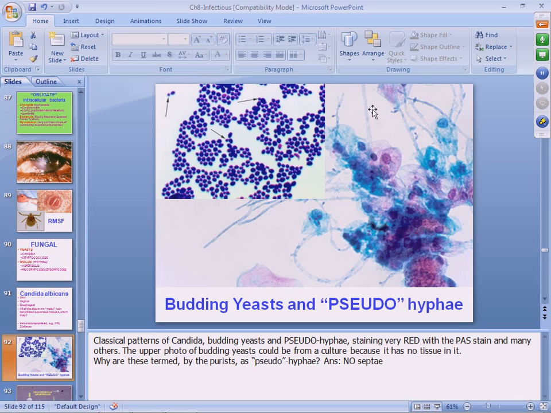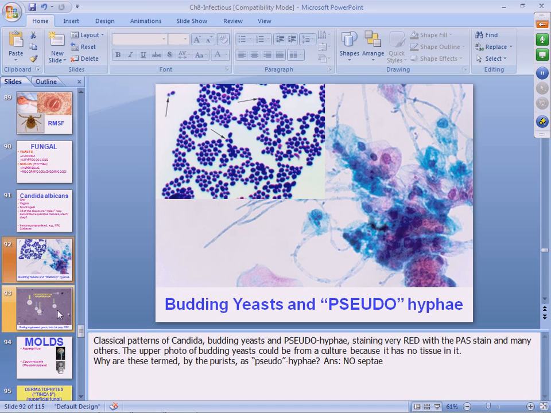Well, those little pseudohyphae grew out of those little buds there. The reason they're called pseudohyphae is because they're not what the microbiologist would call a perfectly legitimate hyphae that has septae in it. So they're non-septate hyphae, which is why they're called pseudohyphae.